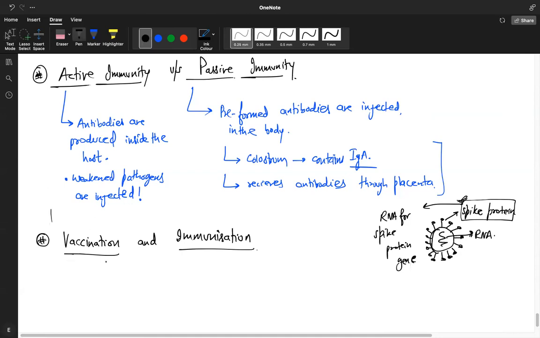So in vaccination, write down, both for vaccination, or we call it immunization, the principle of immunization or vaccination.